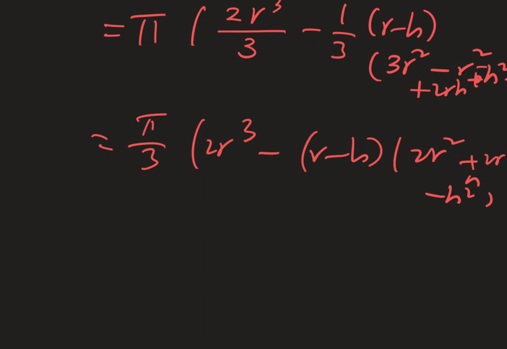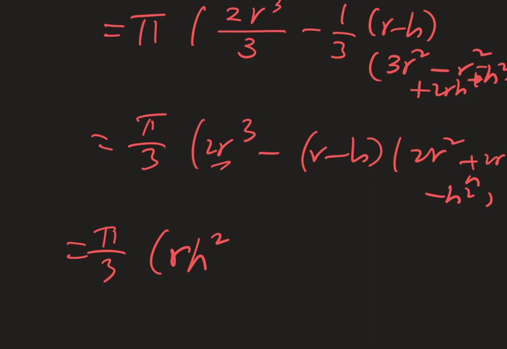Not very friendly, it seems to me. But okay, I know what to do. So you see, you have 2r cubed here and another 2r cubed, so you can cancel it off. No need to think too much. So later on, you have this minus 2r squared h, minus plus r h squared first.